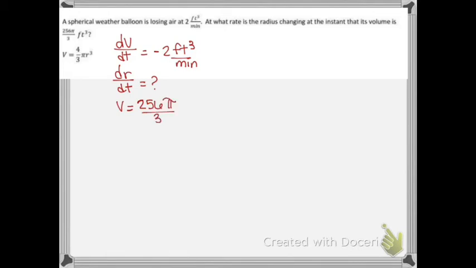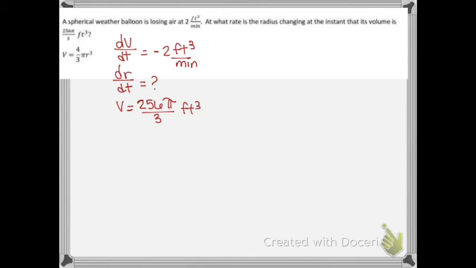A spherical weather balloon is losing air at 2 cubic feet per minute. So again, we are given dV/dt in this problem. It's negative since it's losing volume. At what rate is the radius changing? So again, they're asking us for dr/dt. At the instant that the volume is 256 pi over 3 feet cubed.